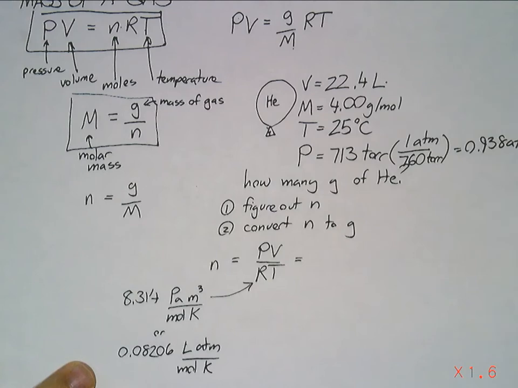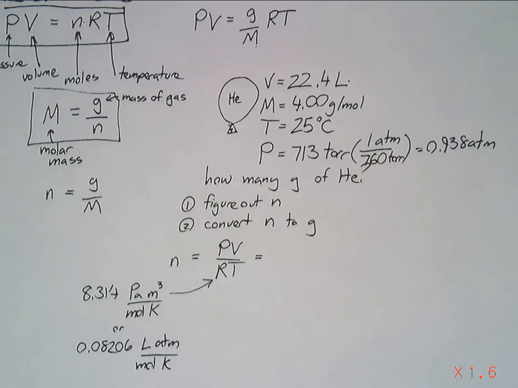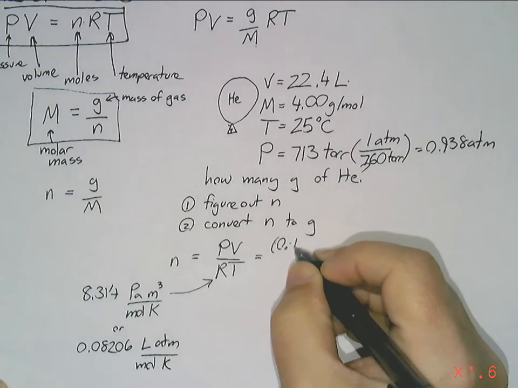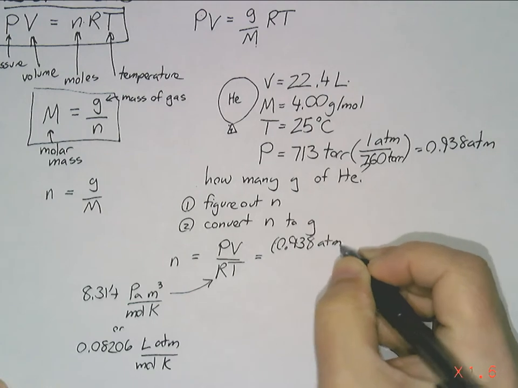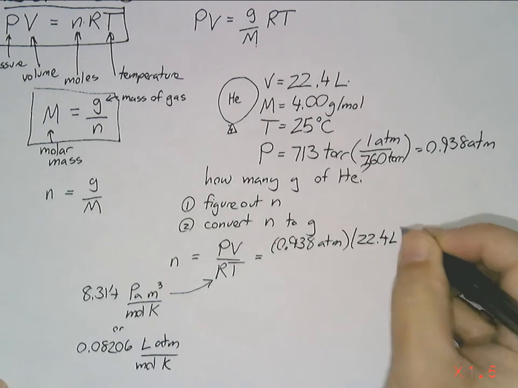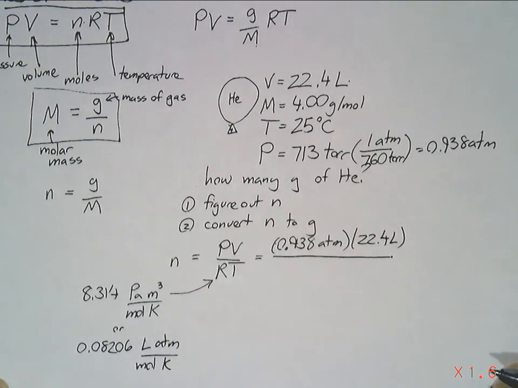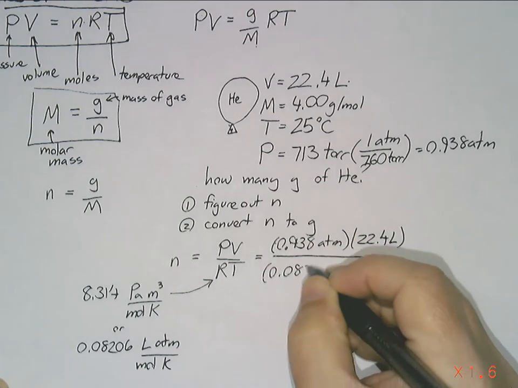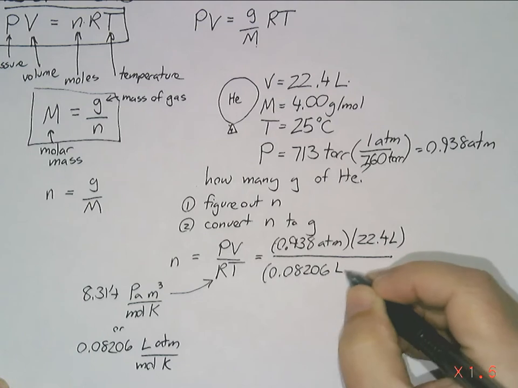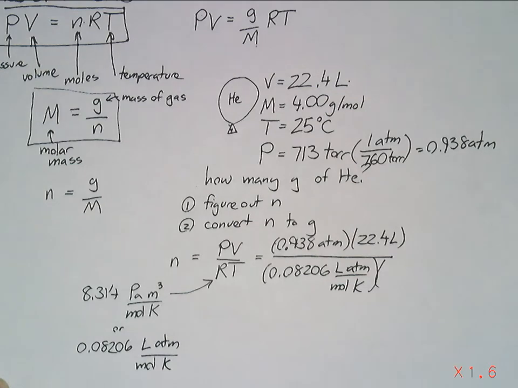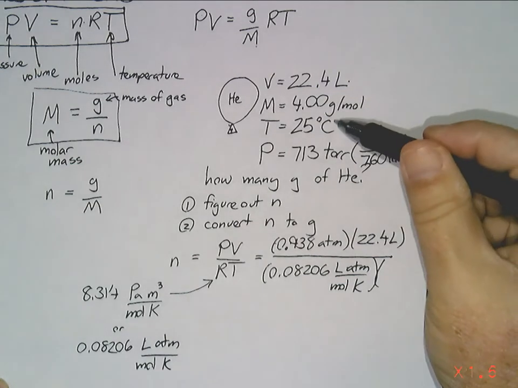Now I've changed it into atmospheres, so I can put that in. 0.938 atmospheres times the volume, which was 22.4 liters, over R. I'm going to use this value of R. Times the temperature, which I'm going to have to change into Kelvin.